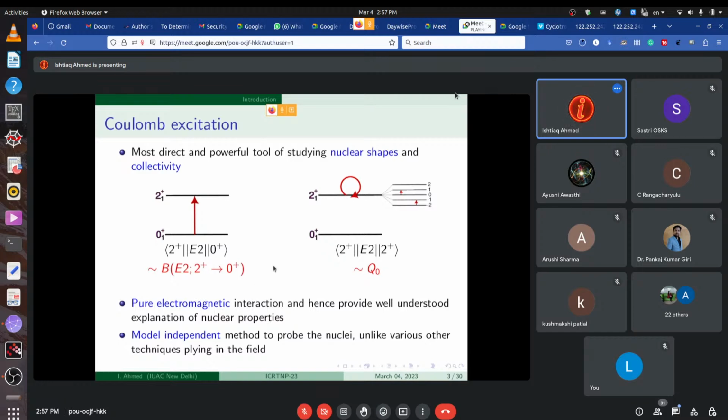So, being an electromagnetic process, this is a model-independent method to probe the nuclei. Unlike various other techniques in the field, for example the Doppler shift attenuation method, the RDM method, and various other methods used to measure nuclear properties, Coulomb excitation has the advantage of being model independent and also an electromagnetic interaction.